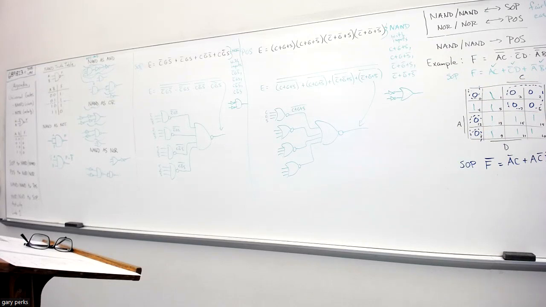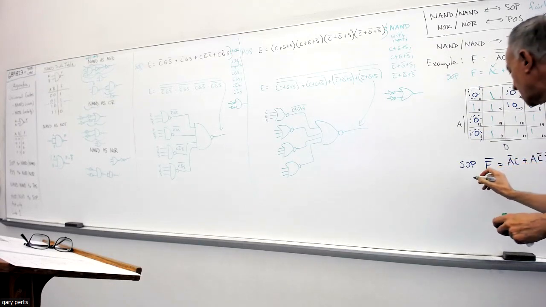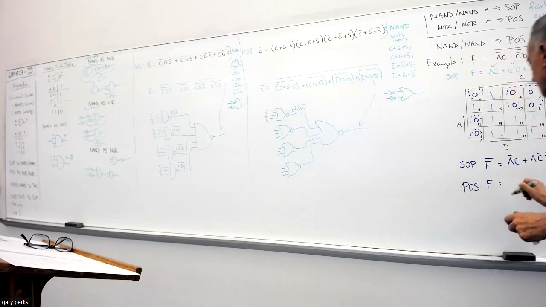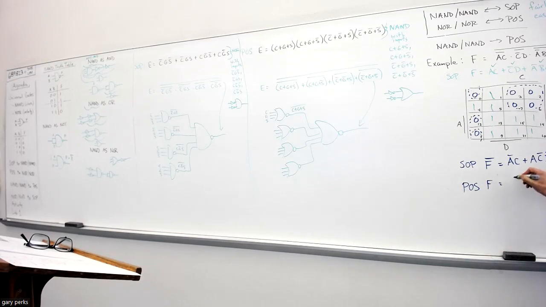Okay, so we got the SOP for not F, so now POS for F, right? Everything gets inverted, ands to ors and the reverse. So again, keep an eye out, make sure I don't make a mistake. If I make a mistake, let me know. So it's A or not C, and with not A or C, and with B or C. So let's make sure, right?